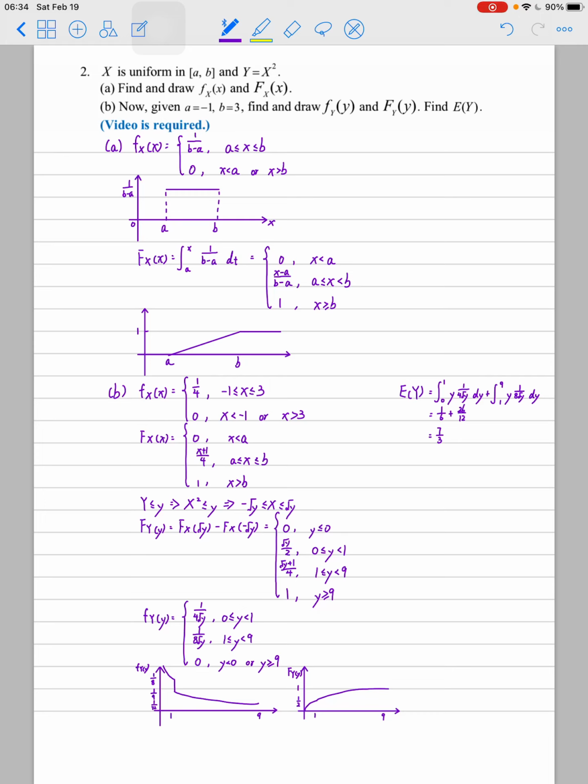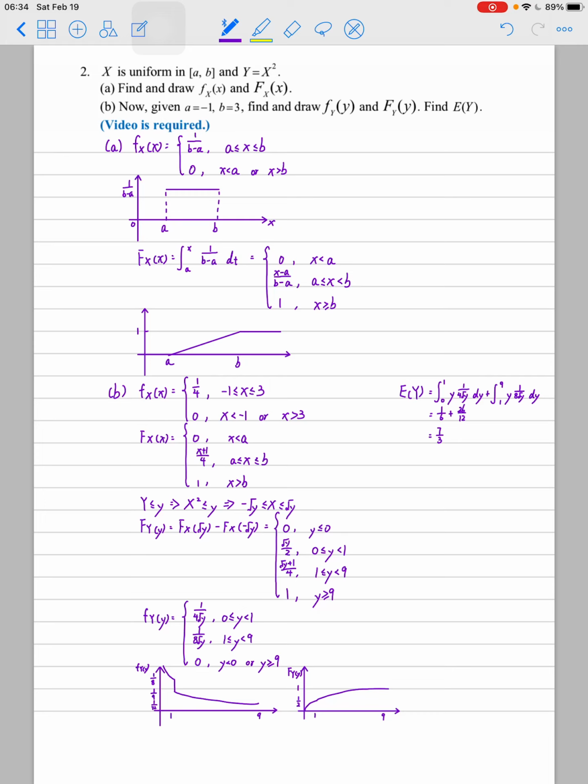So we can get the range of x is from minus square root y to square root y. So F_Y(y) should be F_X(square root y) minus F_X(minus square root y).